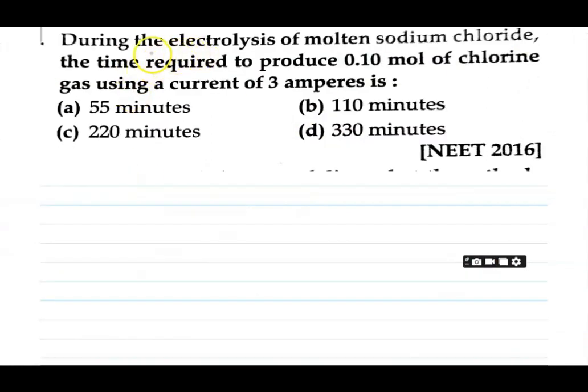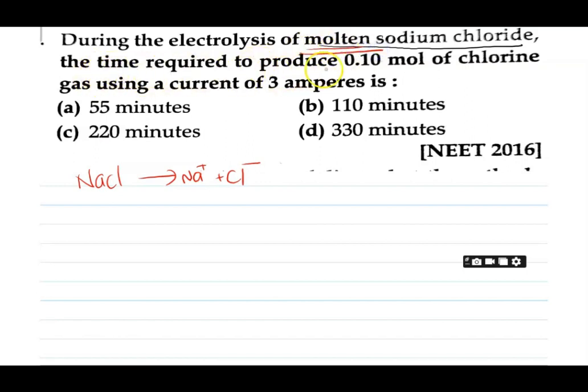Next question. During the electrolysis of molten sodium chloride, and he said clearly molten, which means without any water, it contains only sodium ions and chloride ions, no other ions. This should be kept in mind.